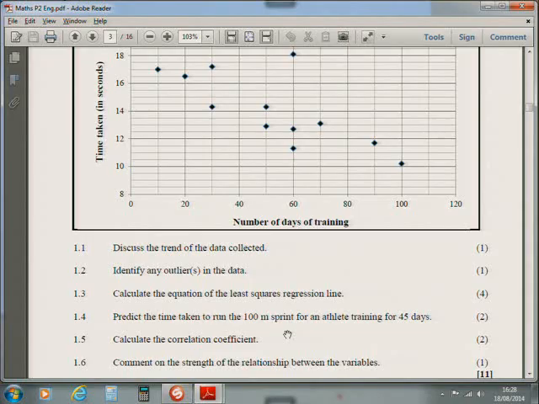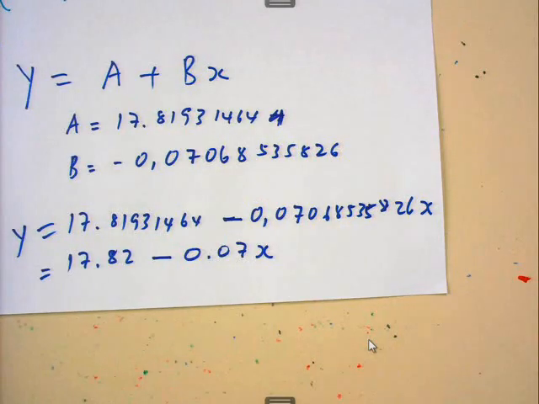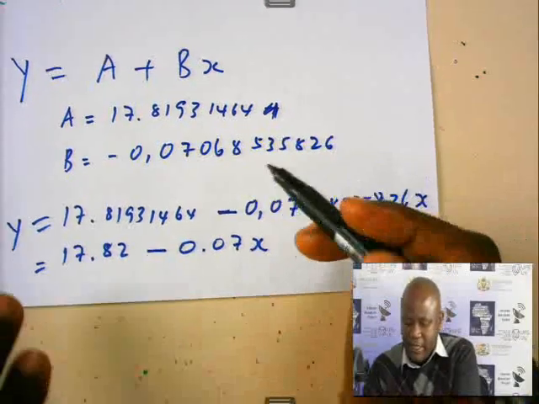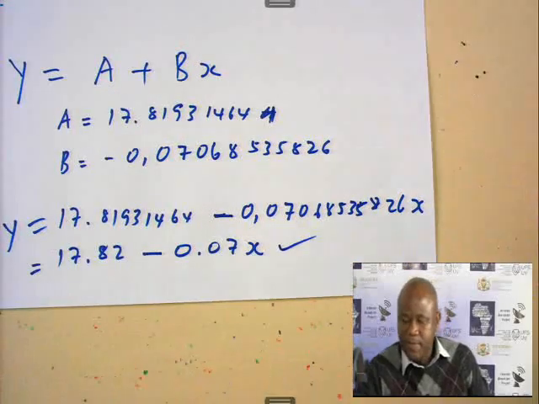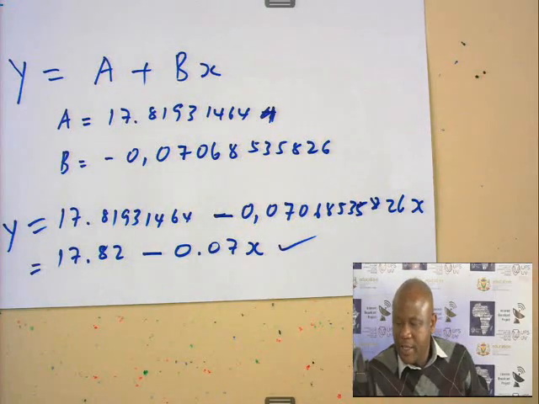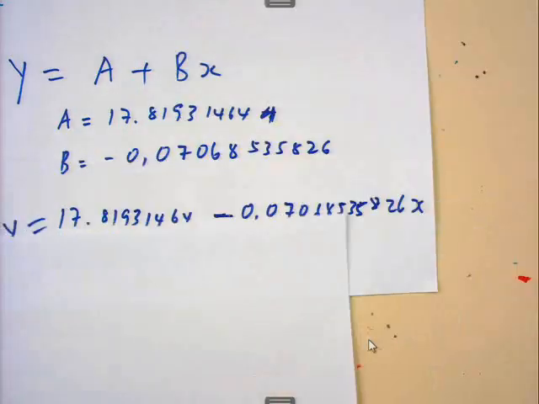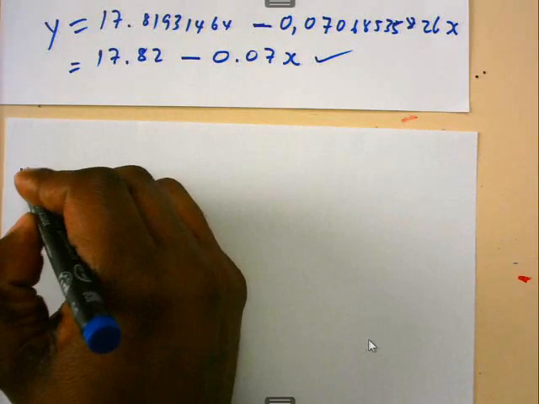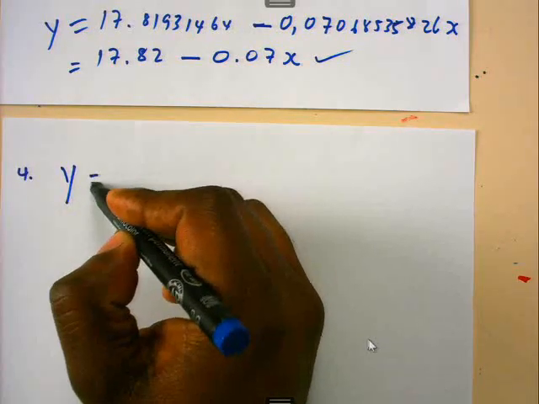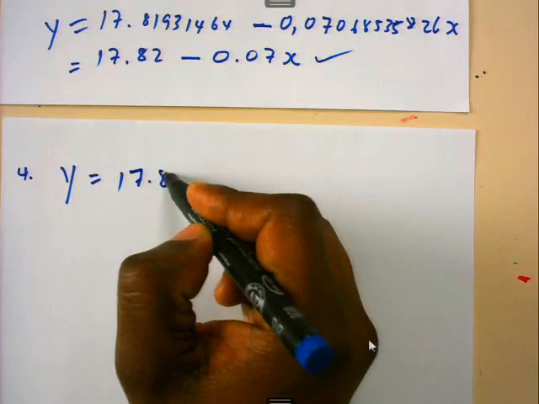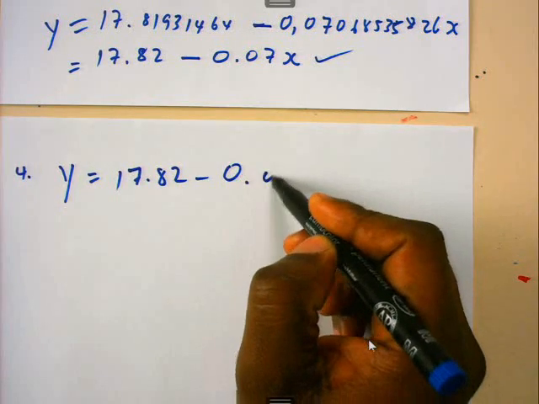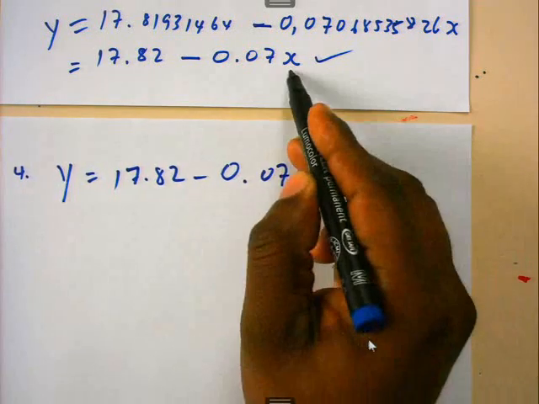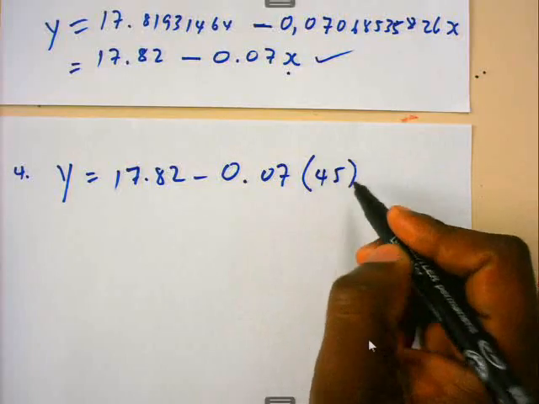Because we use this line to predict, for an athlete training for 45 days, y is equal to 17.82 minus 0.07. Now our x here is how much? 45 days. Do you see that?